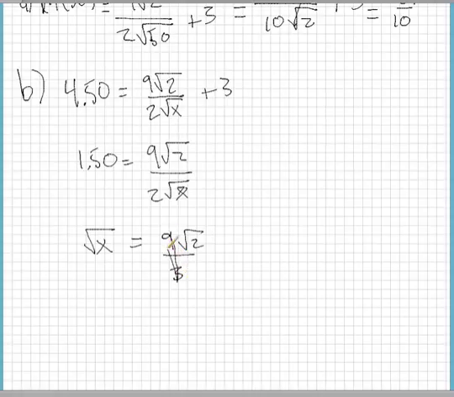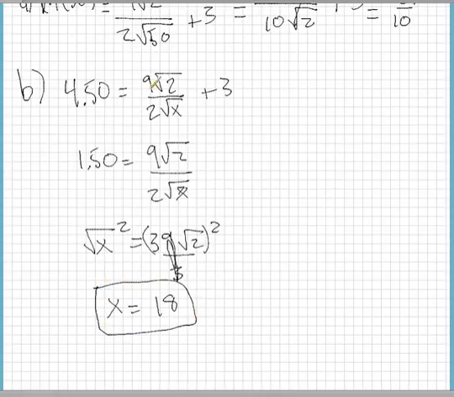Well, first I want to cancel this out, so it's just 3 root 2. And then we're going to square both sides so we have x by itself. So it's going to be x equals 9 times 2, which is 18. So there's 18 units when the marginal cost is $4.50.